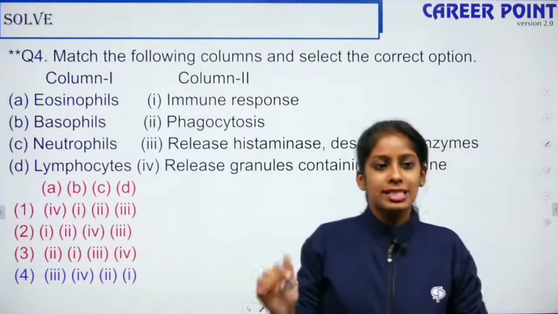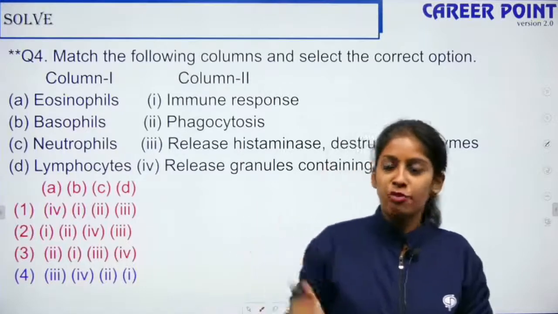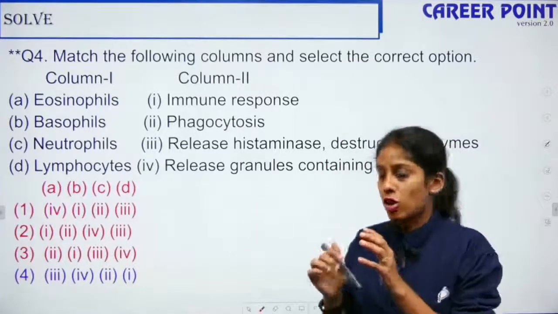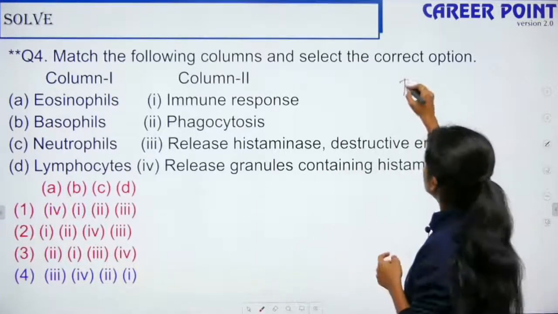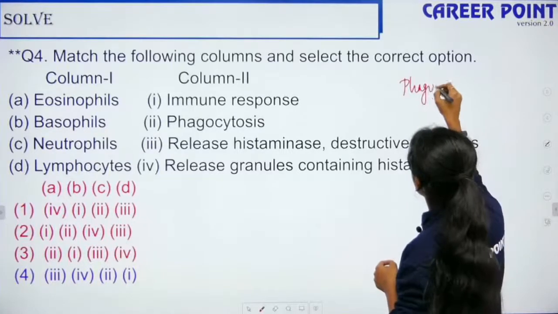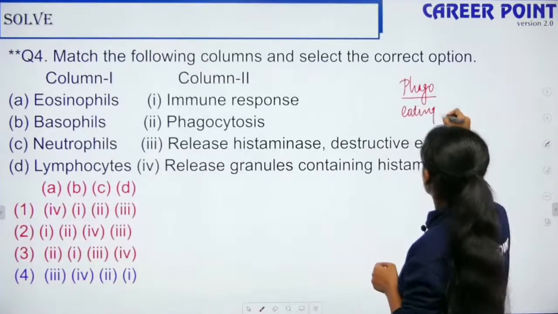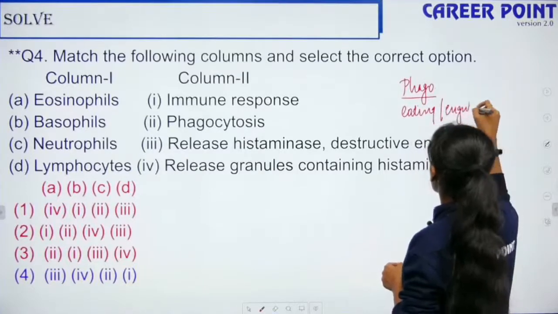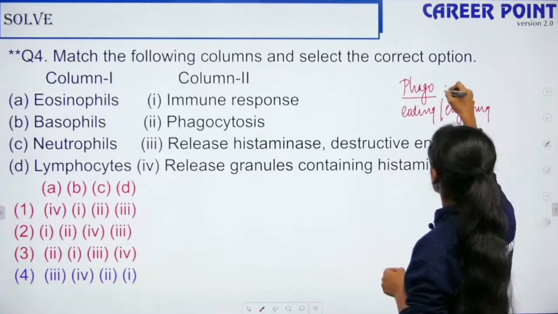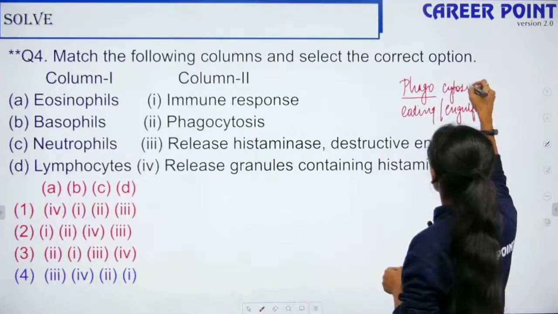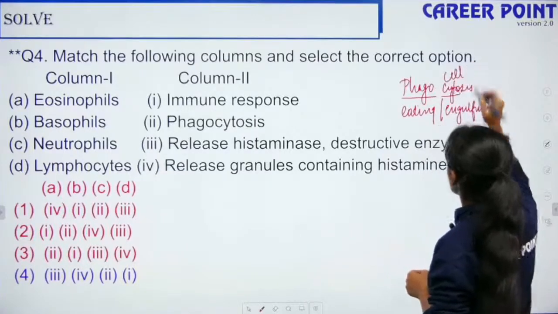That's okay, Antonia B, as long as you're able to rectify your mistake, I'm fine. Phagocytosis: phago in a literal term is eating or engulfing, and cytosis, cyto, is cell.